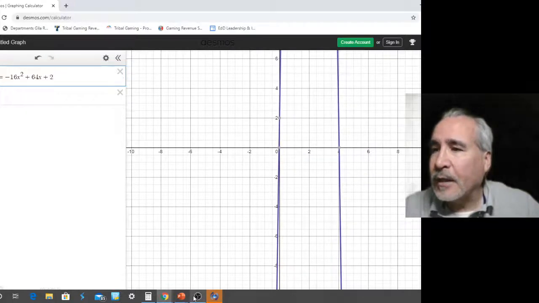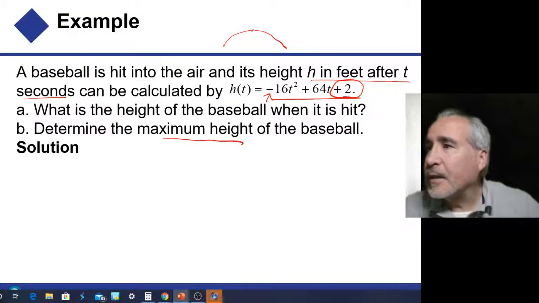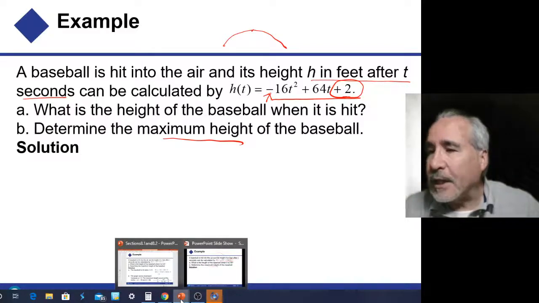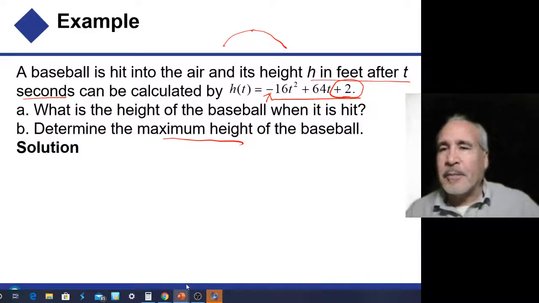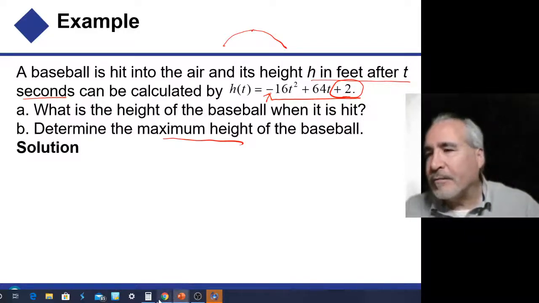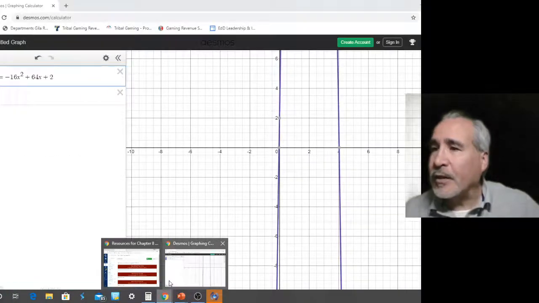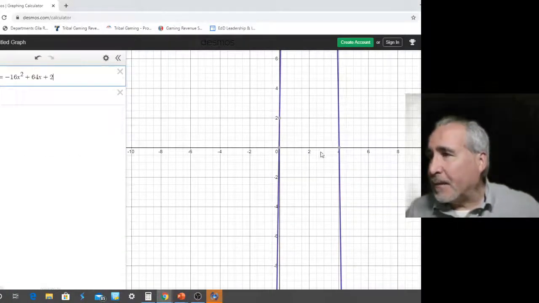I think that's what we got, right? And you'll see this factor of a negative 16. That is the factor of gravity. That's gravity bringing it down. And notice that's why it's negative. The 64 is sort of the power that the ball has in flying upwards because it's positive, right?